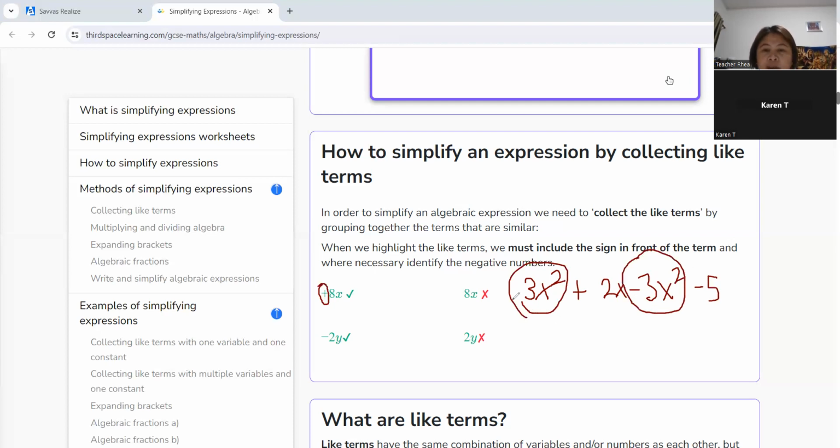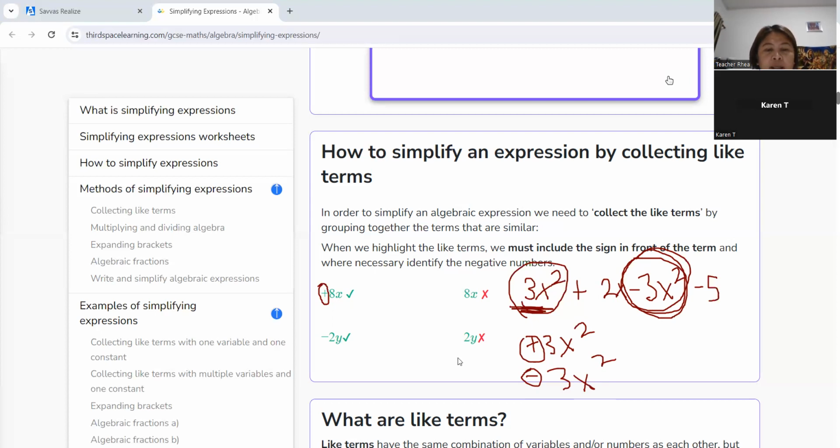Here the first 3x squared is positive, so that is positive 3x squared, and the next term is negative 3x squared. So you must include the signs, whether positive or negative.